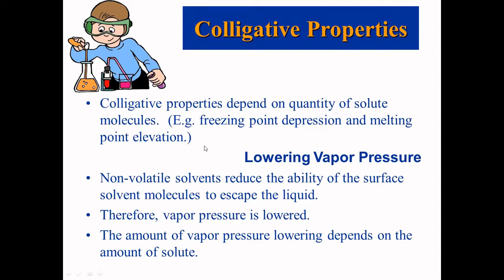Now, the primary colligative properties that are often encountered when we speak of solutions are the freezing point depression and melting point elevation. Now, when you speak of freezing point depression, what does this mean?